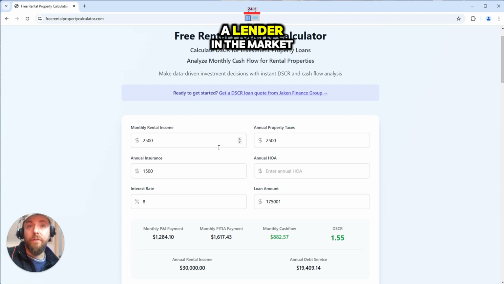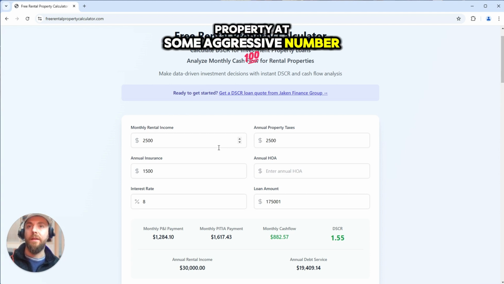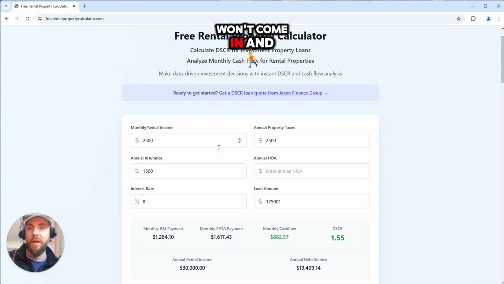I'm not aware of a lender in the market that will, let's say you had $2,500 of monthly rental income and you have a lease for $4,000. I'm not aware of a lender that'll use a substantially higher lease like that. And the thinking behind that is simply because, let's say that tenant goes away. Now the lender's underwritten a property at some aggressive number, and another tenant likely won't come in and pay that same amount.